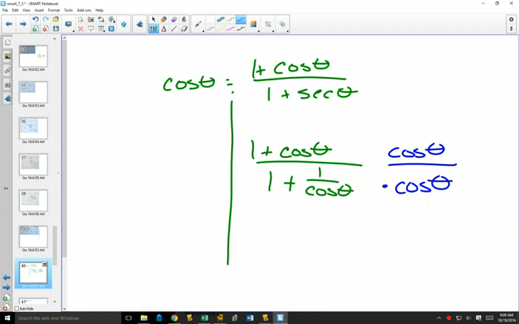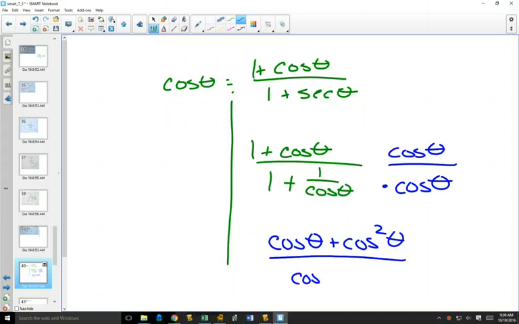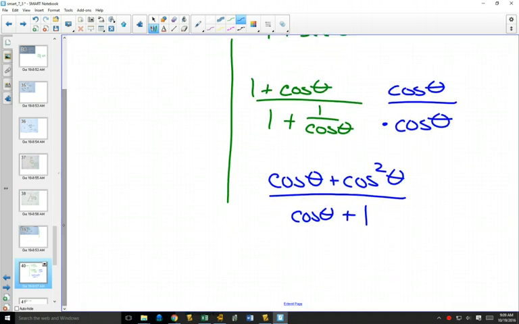So on the top, they got cos theta plus cos squared of theta. On the bottom, when you distribute the cos, they get cos of theta plus 1. Those aren't the same, but can we simplify? And one of the key strategies for simplifying that you always look for is, can you factor?